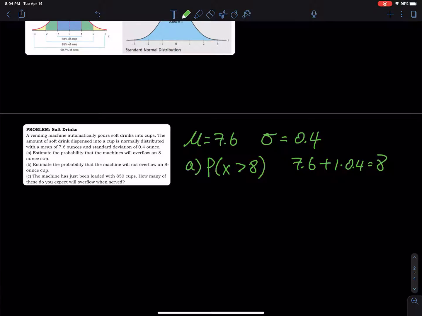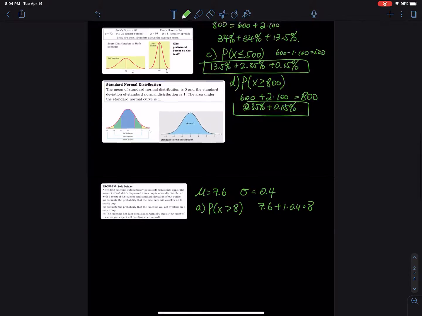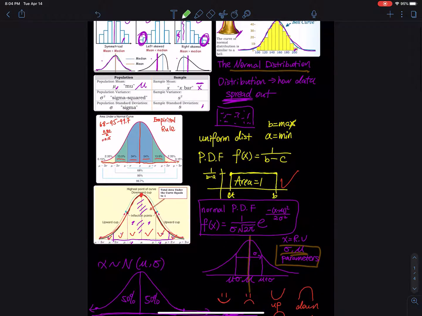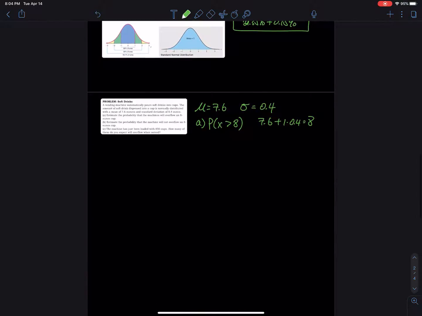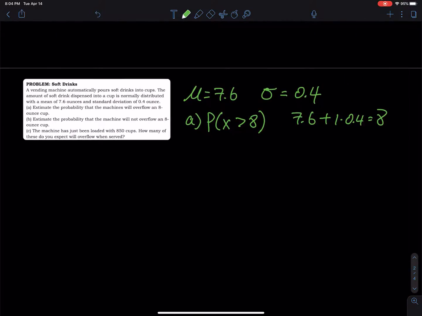So let me take that picture, because I'm going to take the big one. I'm going to copy that, and then paste that over here.